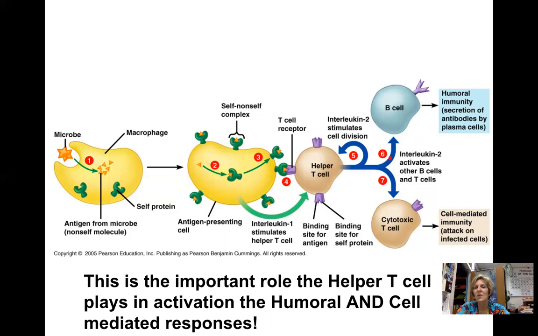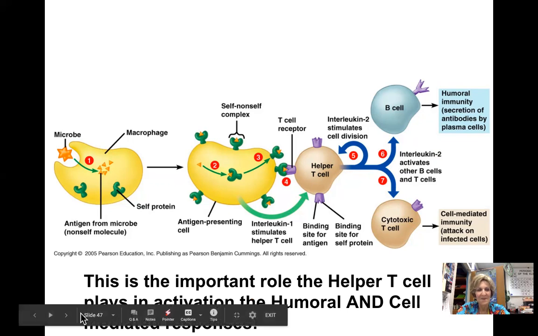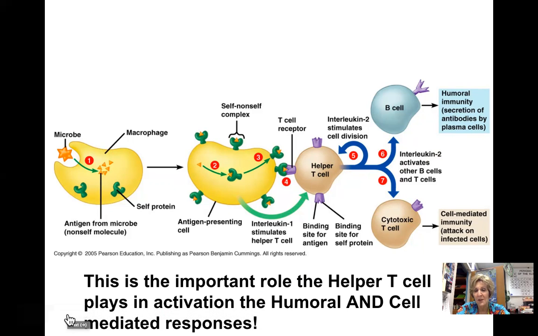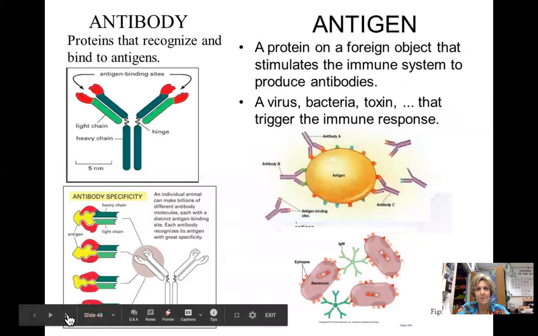They go on to then activate B cells for a humoral response to make antibodies in the blood and lymph. And other T cells go on to activate these cytotoxic T cells, which kill the infected cells. So the helper T cell is a super important, critical, integral part of both parts of the acquired immune system.